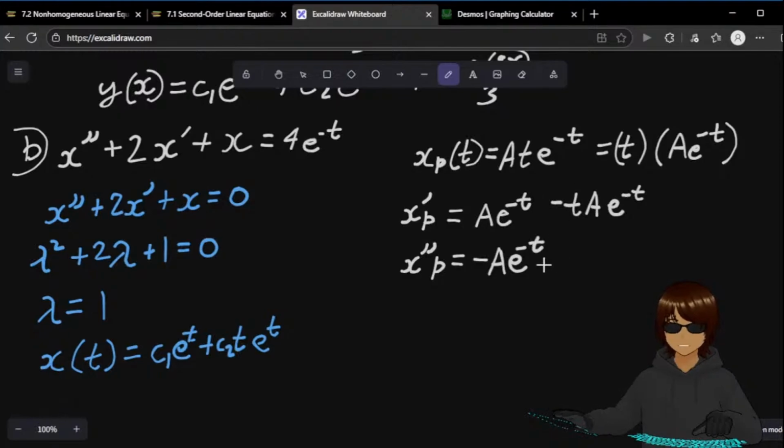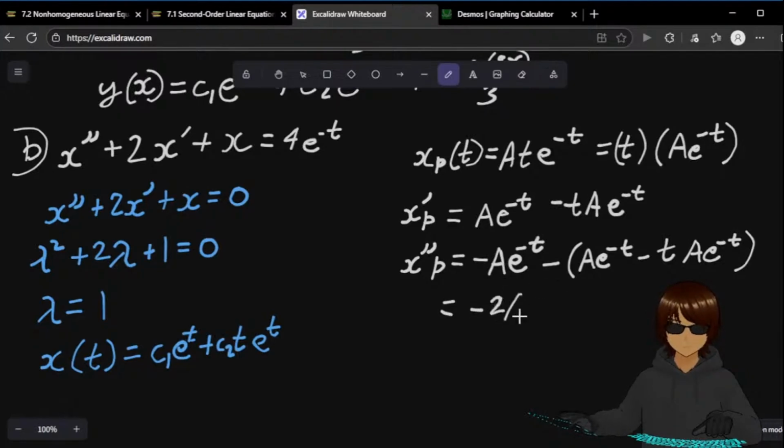And then this entire thing, this thing is like this, right? So I just copy this entire thing. This minus this minus 2 plus t.